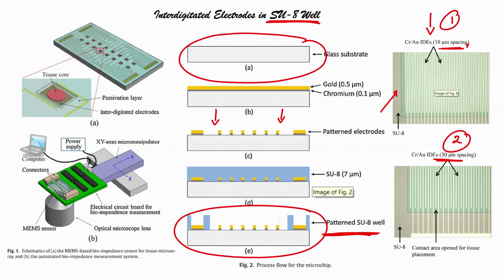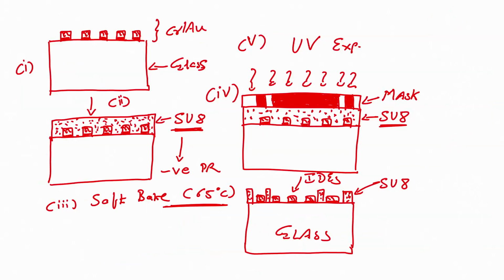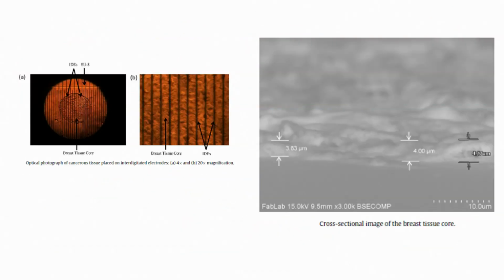You can also say that this is a biochip. Now, on these interdigitated electrodes we will place tissue. So, if you see this particular figure, we have placed a breast tissue core onto the interdigitated electrodes, right, and the thickness of the breast tissue core is close to 4 microns, 3.83 to 4 microns.